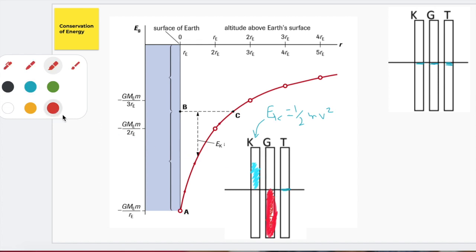I'll go with red. In this case, this number is negative, this number is positive, but if you add the two of them, you get a negative number. So this is going to be my total energy here. On this one, far away from the Earth, my total is still negative. That number doesn't change.